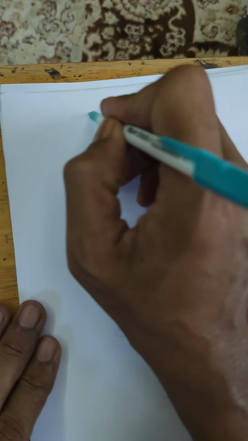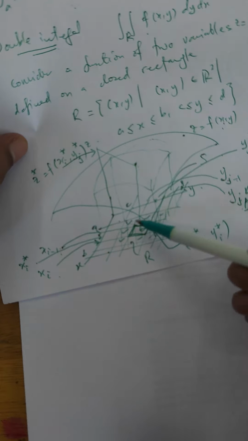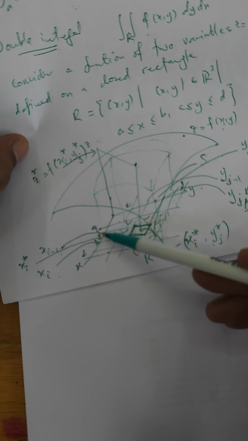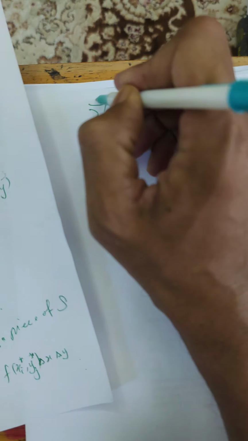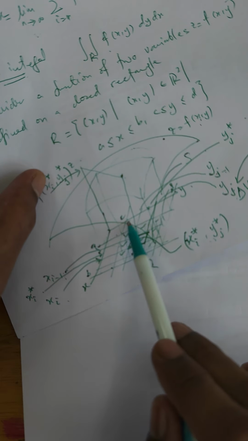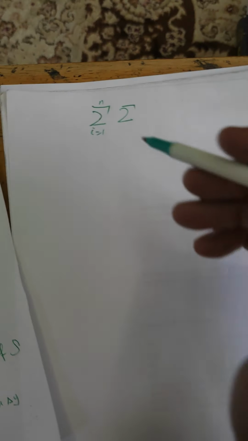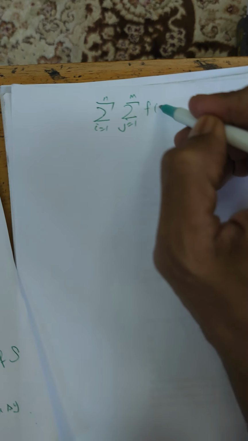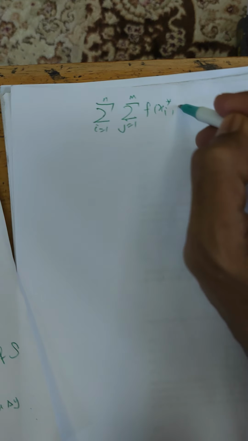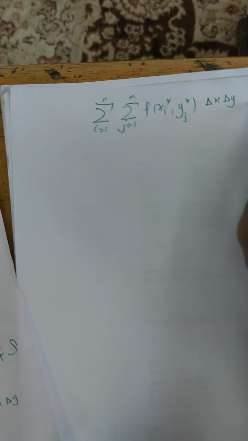We add up all those pieces for the x direction. For the x direction here, we add each i until, let's say, n. So i from 1 to n, and we sum up for y until m, not necessarily the same n and m. j from 1 to m, of f(xi star, yj star) delta x delta y.